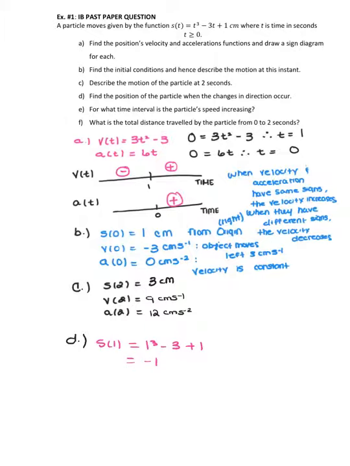If I get -1 for the position at which it changes direction, what does that mean? What does -1 mean in reference to the origin? 1 centimeter to the left. Yeah, exactly. Right. So at 1 centimeter to the left of the origin, that's when it changes direction.